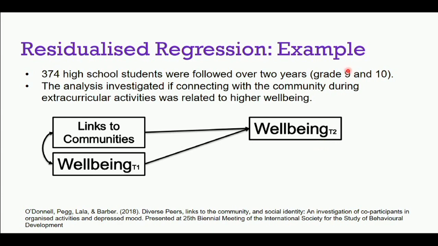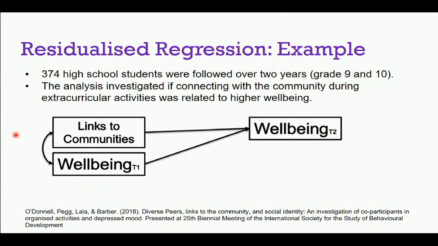And it's got nothing to do with links to the community. In fact, maybe if you have good psychosocial well-being, you're capable of having links to the community. You feel like doing extracurricular activities. And it's this well-being that explains the later relationship, not our IV.